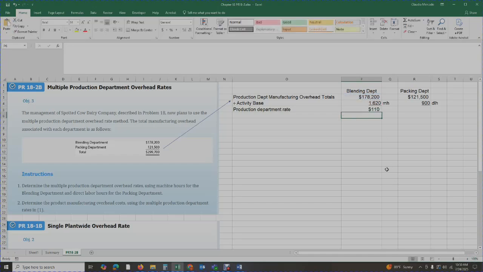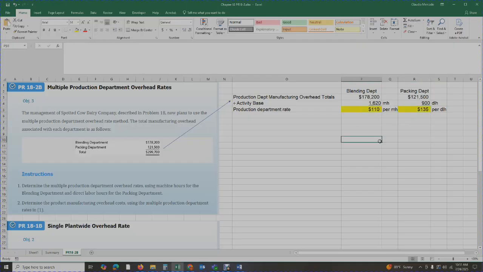That's $110 per machine hour. For my packing department, it's 121,500 divided by 900 direct labor hours, which is $135 per direct labor hour. So those are the amounts that we got.